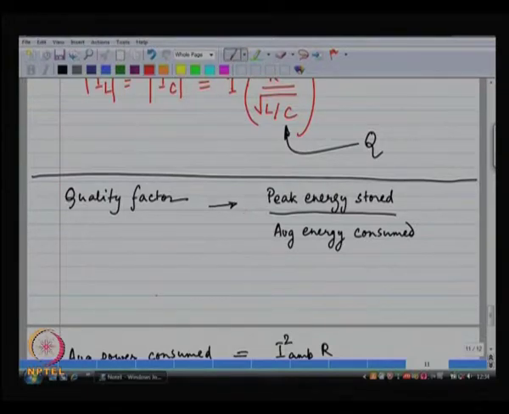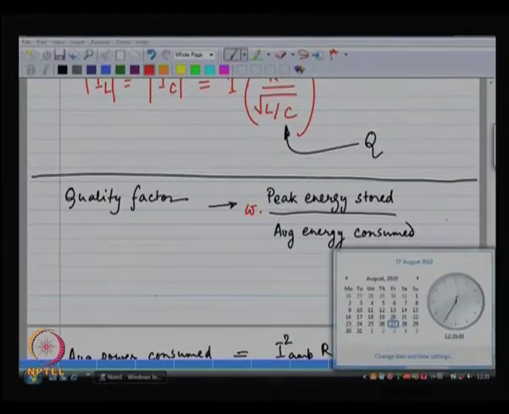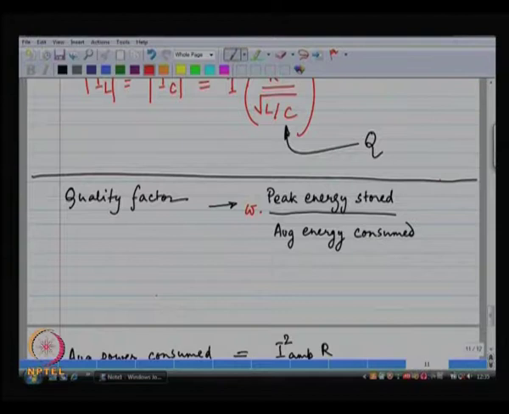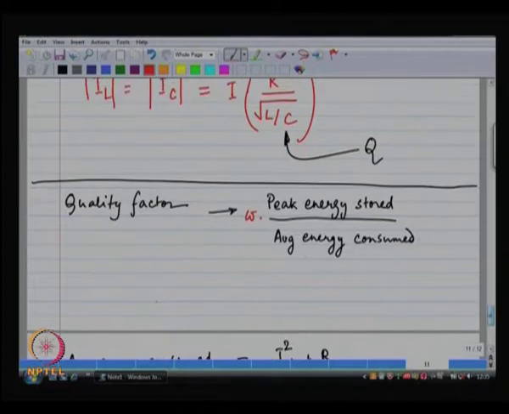Okay. So, this is correct now. So, please make this correction. The quality factor is omega times the peak energy stored divided by the average power consumed.